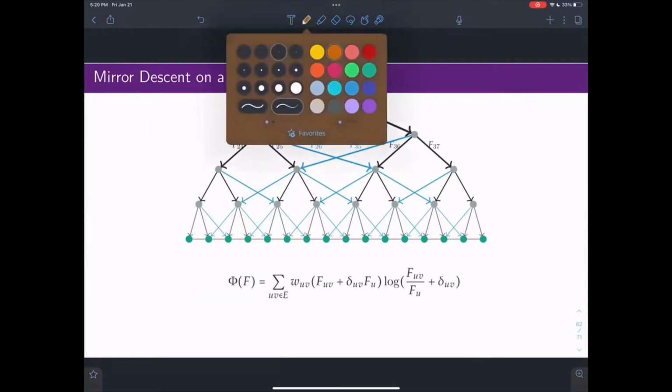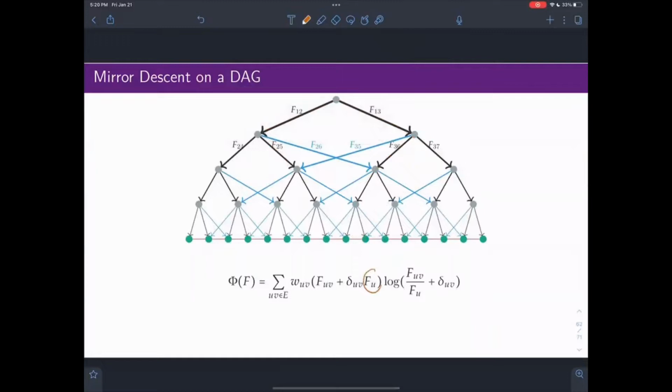The only difference is that previously F_u was defined as the incoming flow, which was determined by the flow from the parent to a node. And it is still the case for a node like this one, which has only one incoming edge. But for instance, this node has 2 edges going into it. So F of this node would be the sum of F36 and F26.